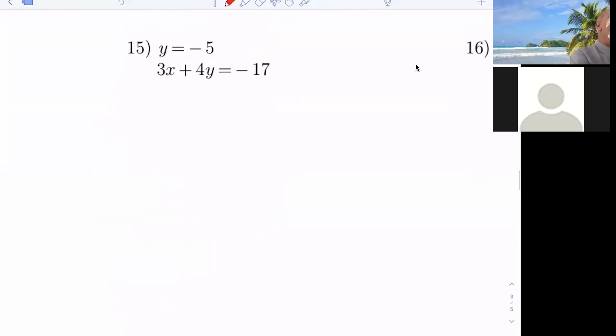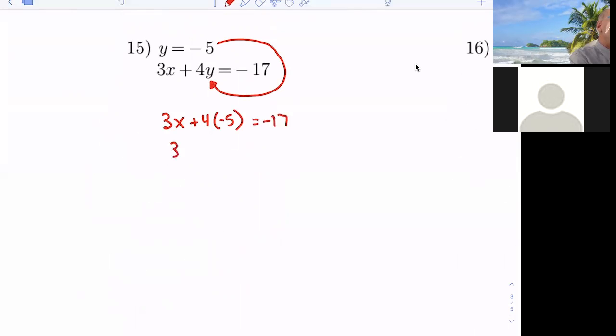All right, over here now, what does y equal? So this one's easy. Just come up here, plug negative 5 in for y. So now 3x plus 4 times negative 5 equals negative 17. 3x minus 20 equals negative 17. 3x equals 3.